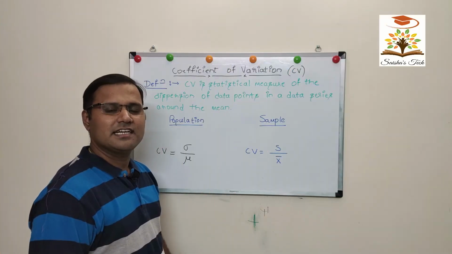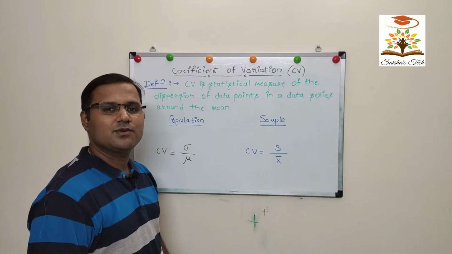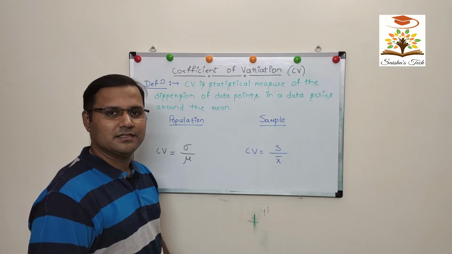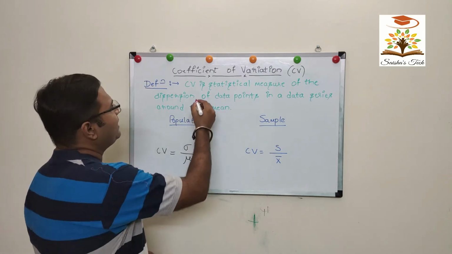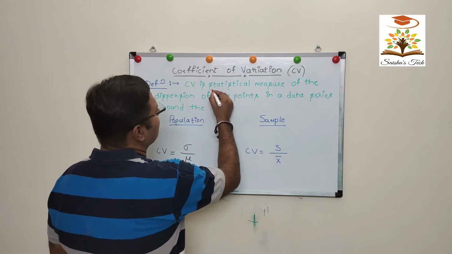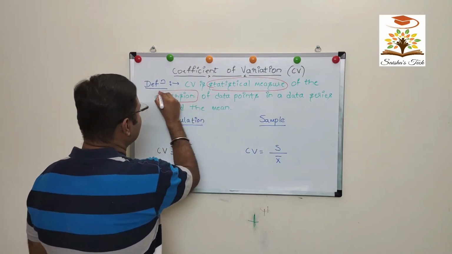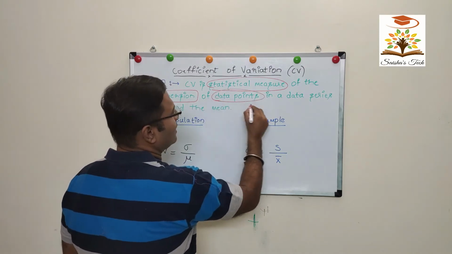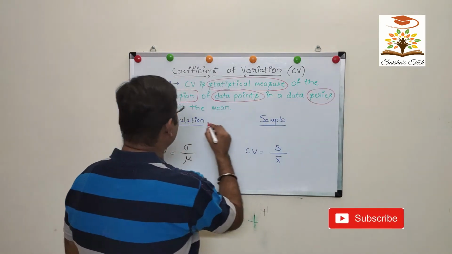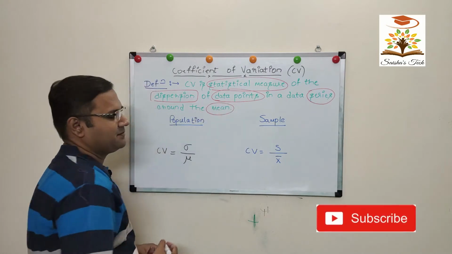Now let us understand the definition and the formula utilized to identify the coefficient of variation. By definition, coefficient of variation is the statistical measure of the dispersion of the data points in the data series around the mean.